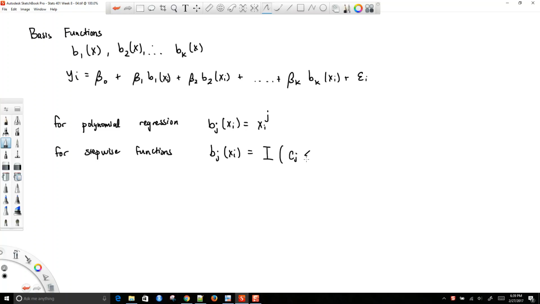So we said c sub j is less than x sub i is less than the next cut point, right? So the basis function is the indicator function for when x is between the cut points.